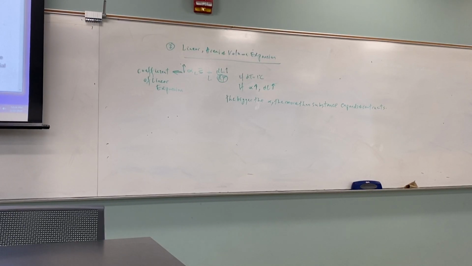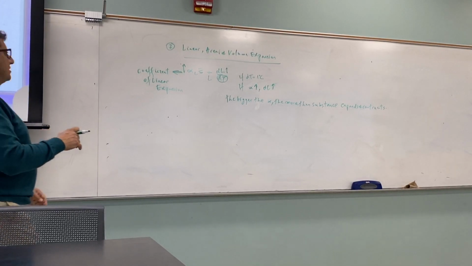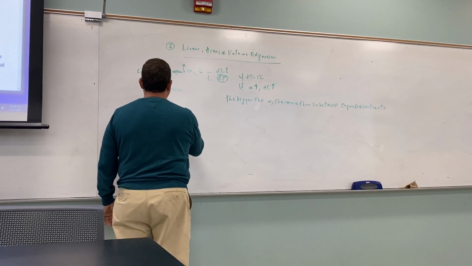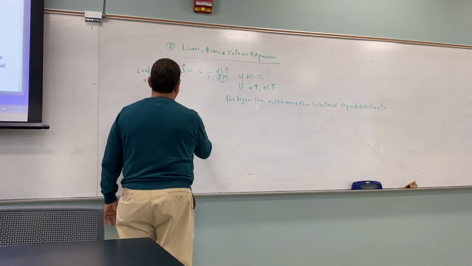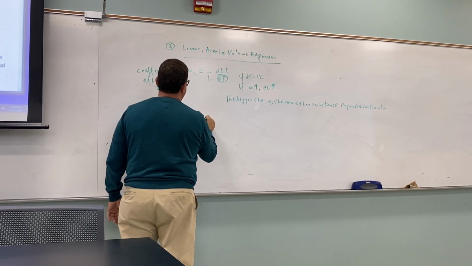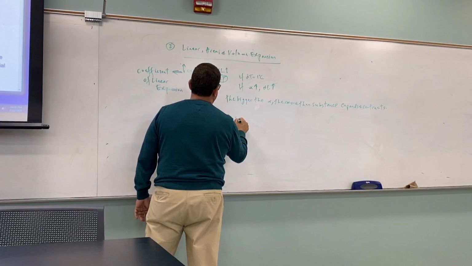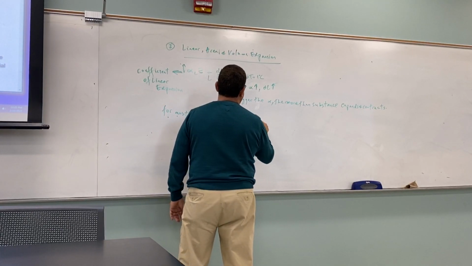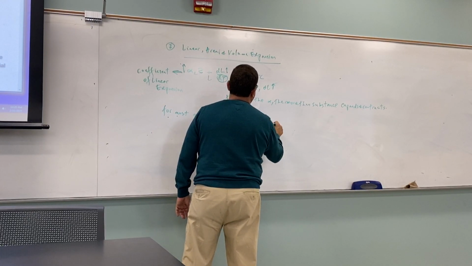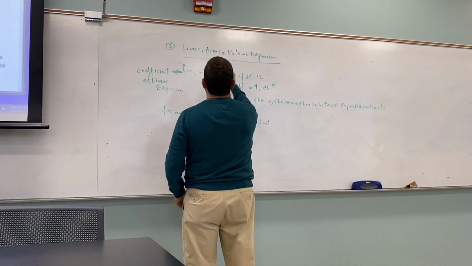Now, most of the time you see this not written as a derivative. Why? Because for most substances, the alpha is not temperature dependent very strongly. It's constant, right? So for most substances, alpha L is more or less constant. So when that's the case, what would happen?